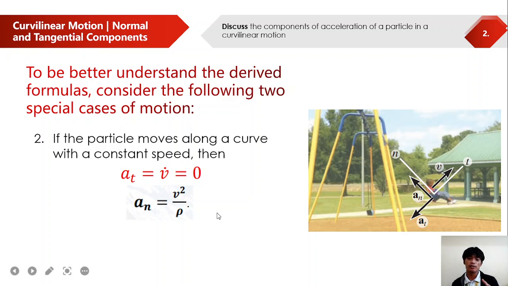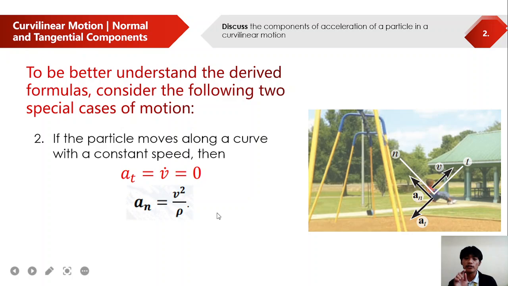And then if you square the velocity, that constant speed or constant velocity, you can have your a sub n. In that case only, if your particle moves in a curve with a constant speed. If constant speed, the a sub t becomes zero, but not the normal component of acceleration. In the first case, the normal component of acceleration became zero since it is a straight line path.